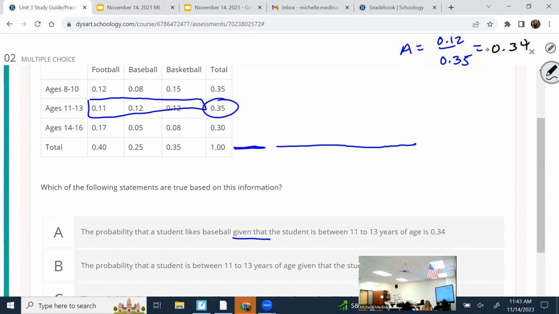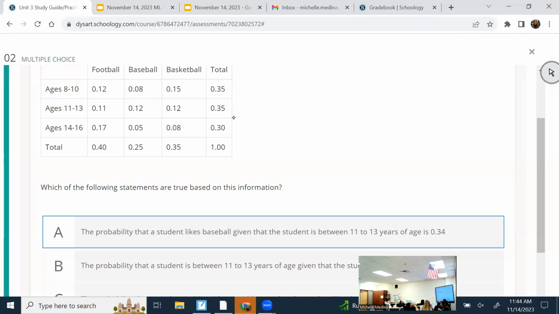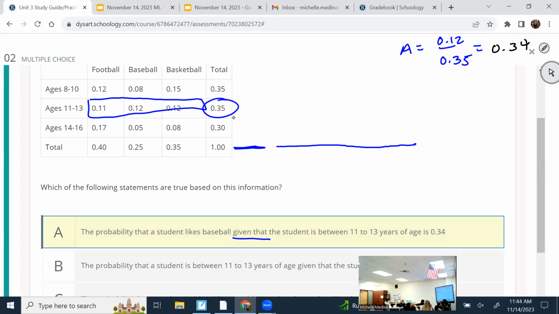Let's see. I feel like it wasn't that earlier unless they reshuffled it. So out of the kids that are 11 to 13, 0.12 like baseball. Yeah, 0.34. So it looks like I already found my answer, but let's just make sure.